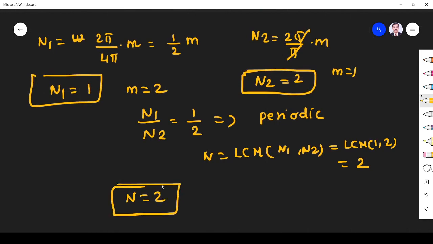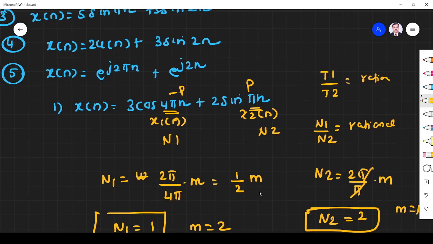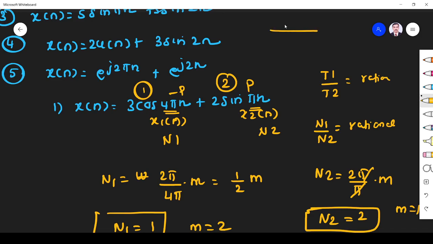See, what is the meaning? We got n1 is 1 and n2 is 2. What it indicates is that the first signal repeats every one sample, and the second signal repeats every two samples.